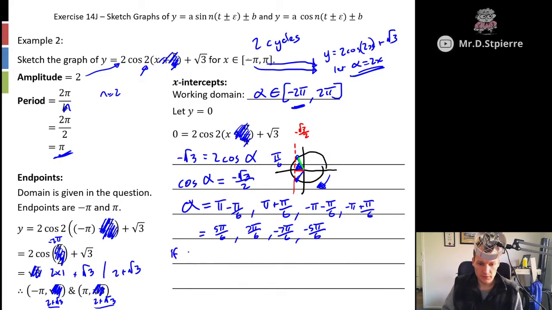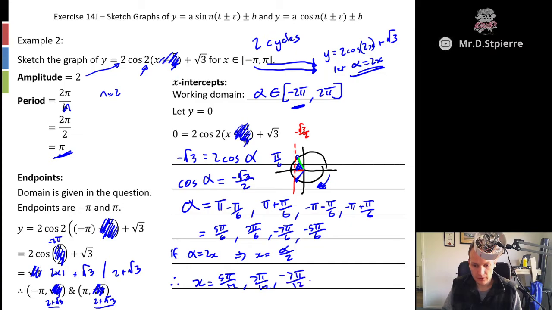Okay, if alpha equals 2x, it follows that x is equal to alpha on 2. Therefore, the x angles would be 5 pi on 12, 7 pi on 12, negative 7 pi on 12, and negative 5 pi on 12.